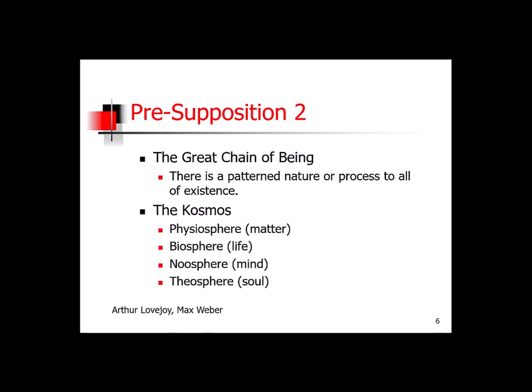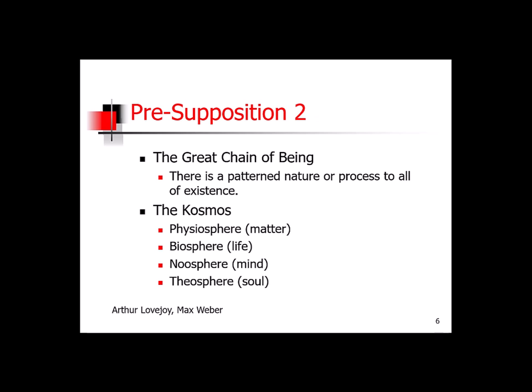The second presupposition is there's a pattern nature or process to all existence. As Arthur Lovejoy points out in his book, The Great Chain of Being, a study of the history of the idea, all the great cultures in the world have a belief in the great chain of being. Whether we're talking about cultures from Asia, the Middle East, Europe, or the Americas, this is a belief that there is pattern, nature, or process to all existence.